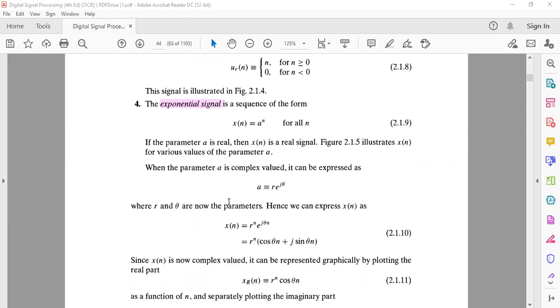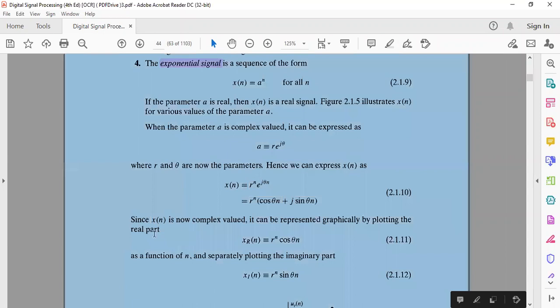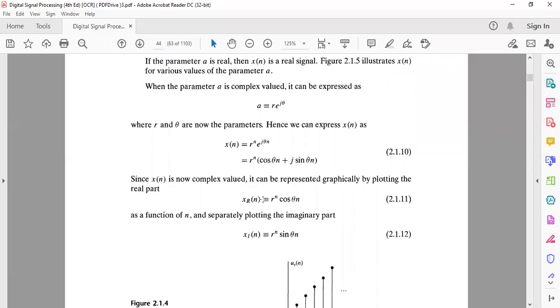If a is complex, then this is what you would have. But you know that complex exponentials can be written using Euler's formula in this form. Since x(n) is now complex valued, it can be represented graphically by plotting the real part, r^n cos(theta n), as a function of n, and separately plotting the imaginary part.